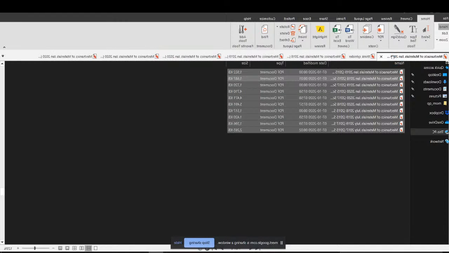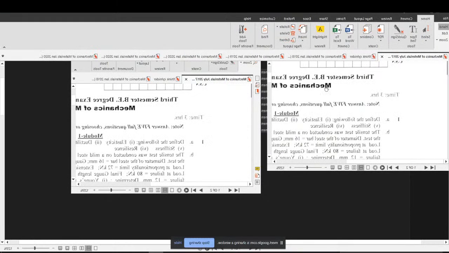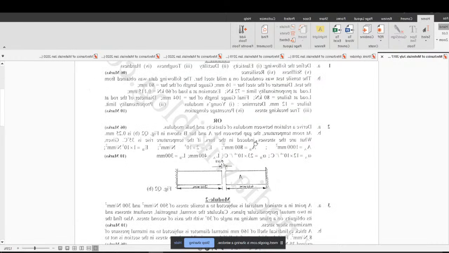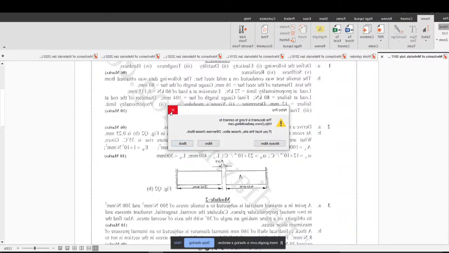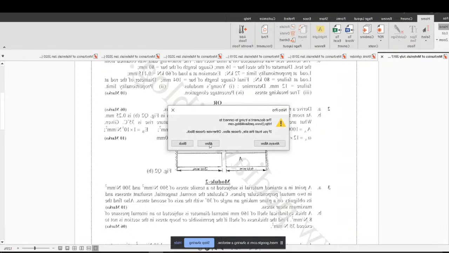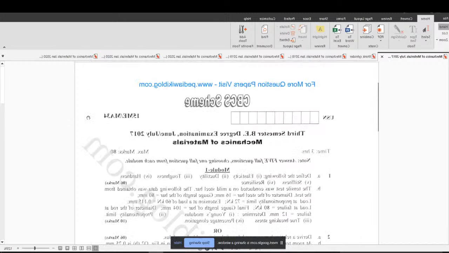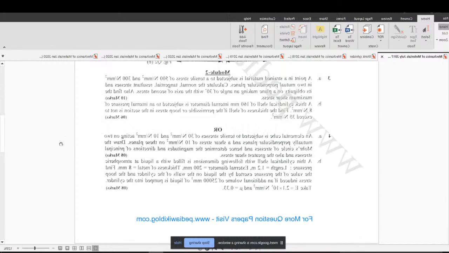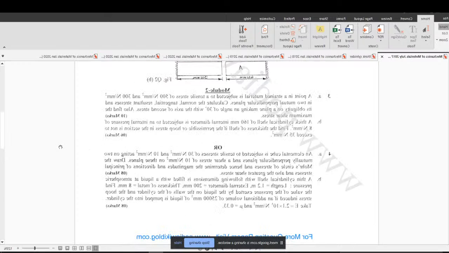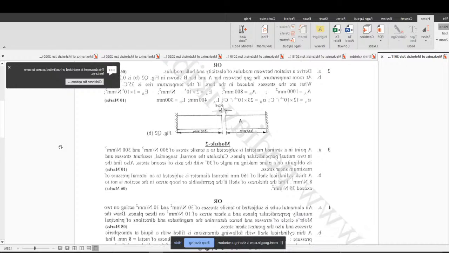You see, in the question paper, what are the questions on thin cylinder, not thick cylinder, thin cylinder. If any problem is there, we'll check that out. Model number 2.